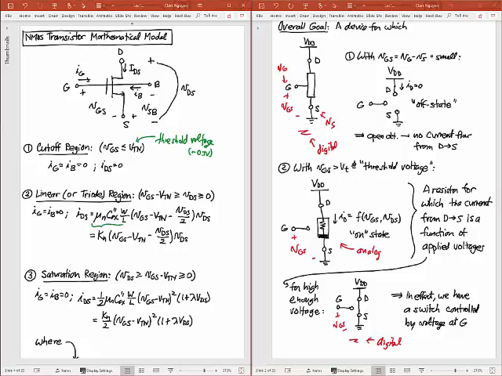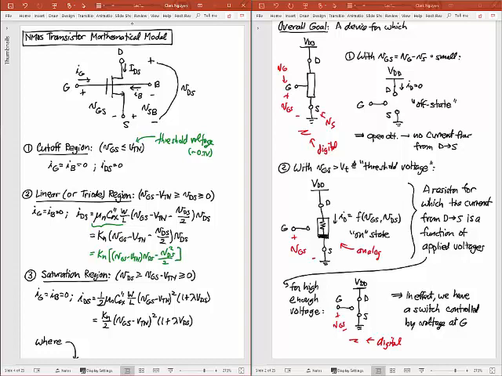Okay, but the other thing I can say about this, the reason why I want to write it this way, is that I can also multiply through and write this as K sub n times VGS minus VTN times VDS, multiplying through by VDS, minus VDS squared over 2.